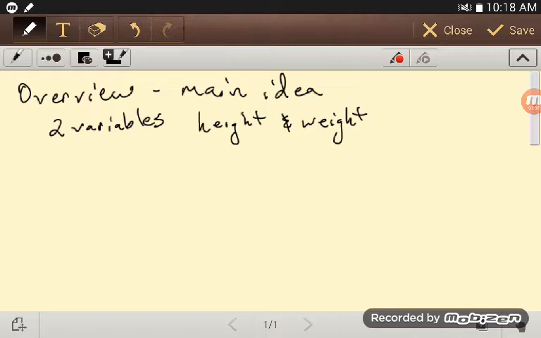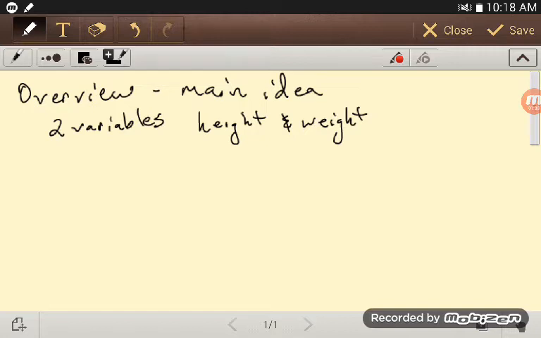Now, these are some of the sub-ideas of how do I collect good data, and what am I really asking, and so forth. But here I probably just want to ask our simple question for most of the things that we care about in this course: does height have any relationship to weight, or vice versa?